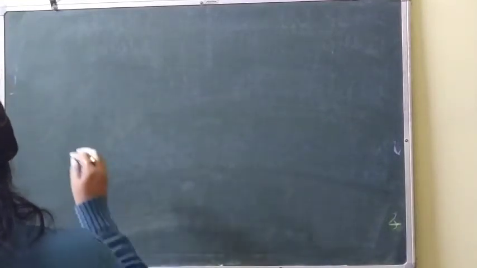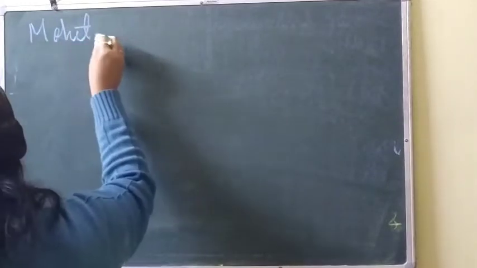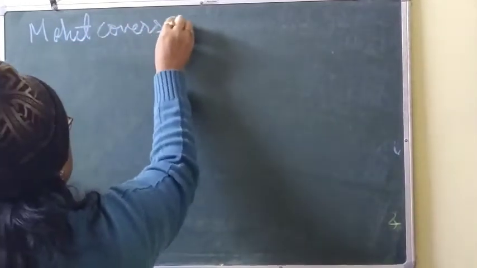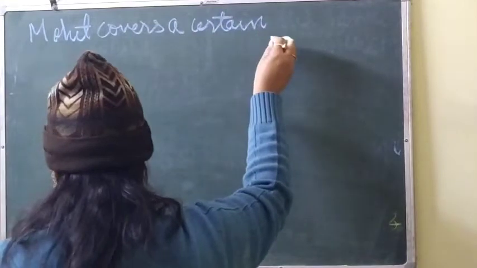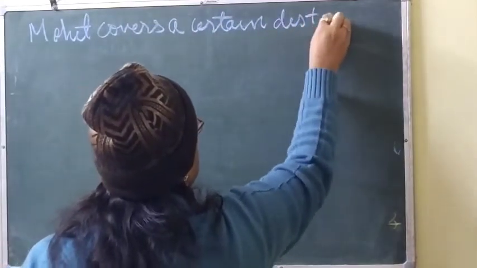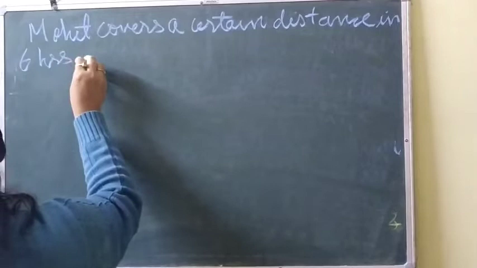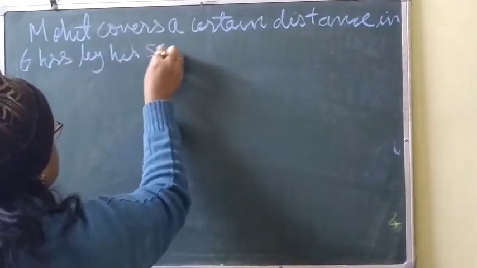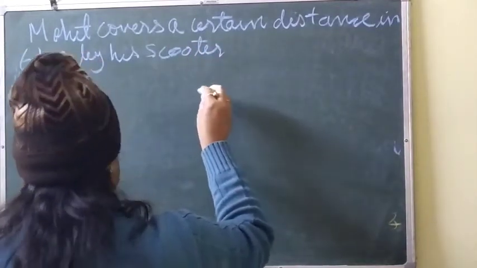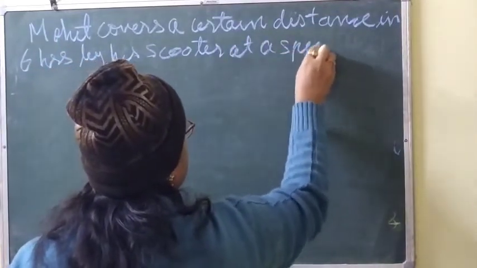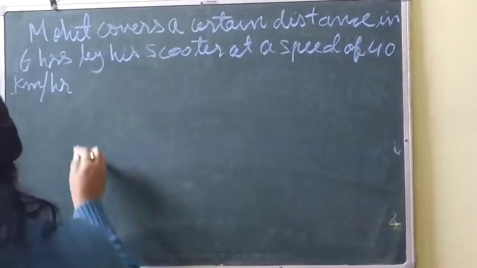Mohit covers a certain distance in 6 hours by his scooter at a speed of 40 km per hour.